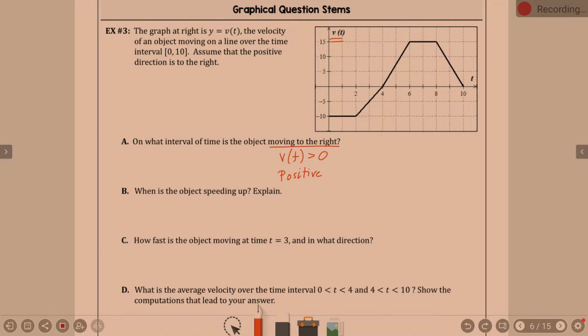On the interval from 4 to 10. This is a velocity graph, so positive velocity is above the x-axis, right? Okay, so v of t is greater than 0 on, what did we just say? 4 to 10.